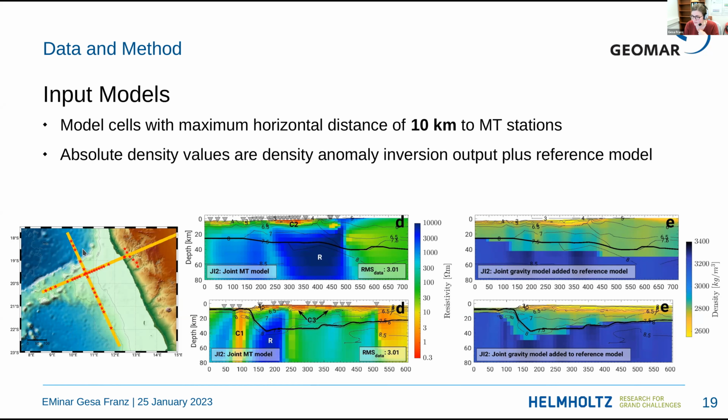And one last thing, so we have this large 3D model, the outline I showed you earlier on a map, but for this clustering, we only used the model cells which are in a horizontal distance of maximum 10 kilometers to the MT stations. So that's where we believe that our model is definitely well constrained.